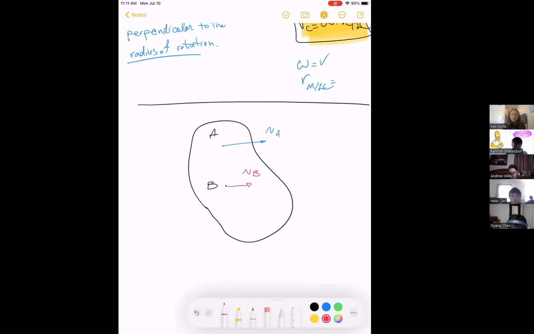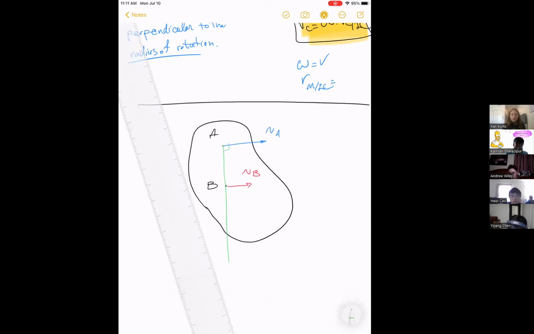Now, you remember I said we draw a line perpendicular to this, and we draw the line perpendicular to this. Because these two velocities are parallel, the perpendicular lines sometimes coincide. Now the question is, which point of this is IC?